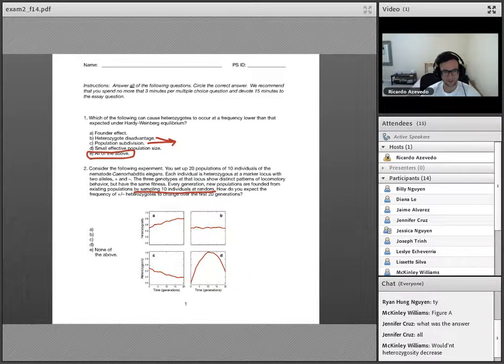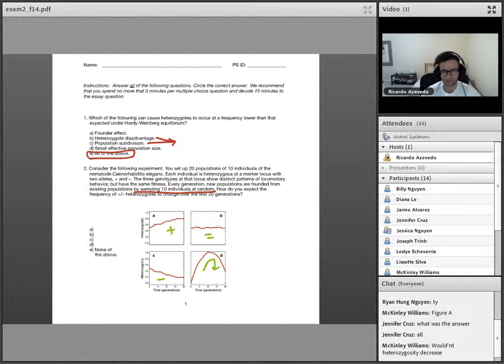So again, to point out that this one means there's an increase, this one is a decrease, and this one is nothing, and this one just goes up and down, right? So the only one that is consistent with the drift is a decrease.